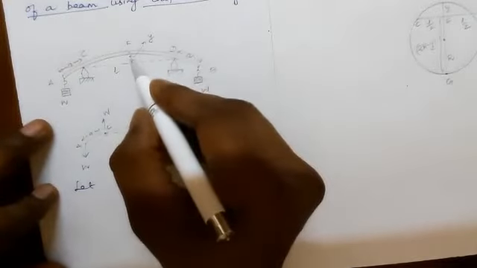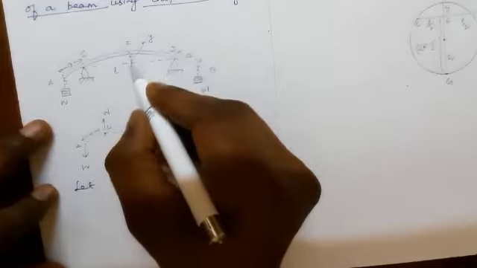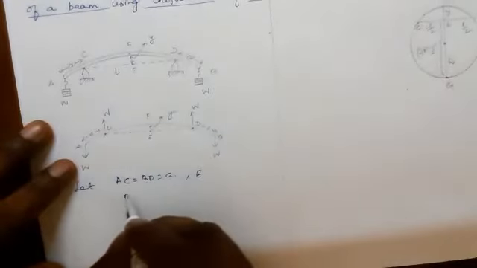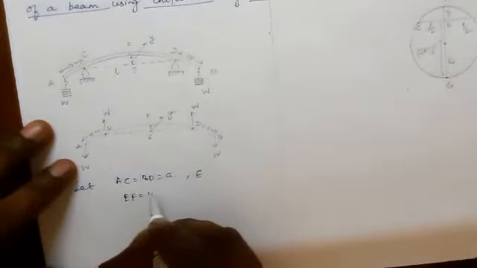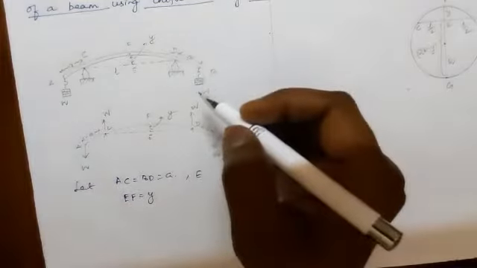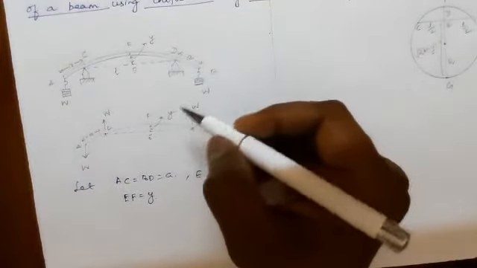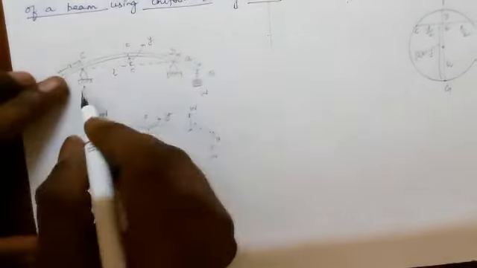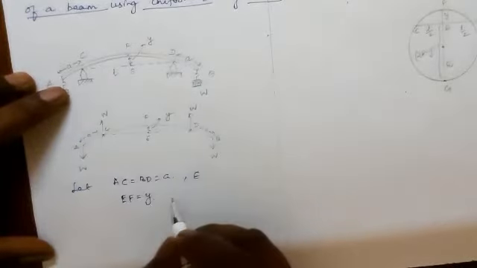At the center of the beam, an elevation is produced, EF equal to y. The distance between the two knife edges, CD, equals small l.